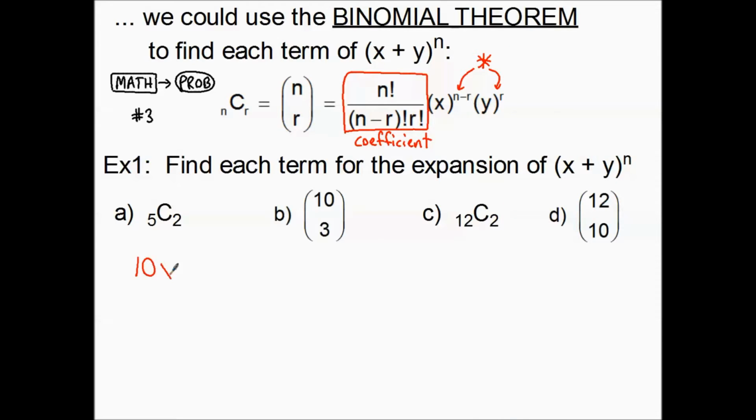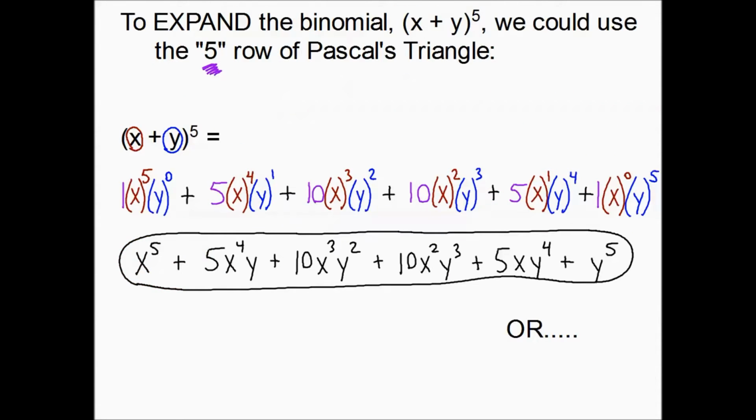Now let's figure out what my variables will be. It says that x, your first variable, will have the exponent n minus r, and that, of course, is 5 minus 2, which is cubed. And then my second variable simply has the power r. So this is the term that I'm looking for. If you recall from the first tutorial, that was in the previous binomial expansion: 10x cubed y squared was right here.